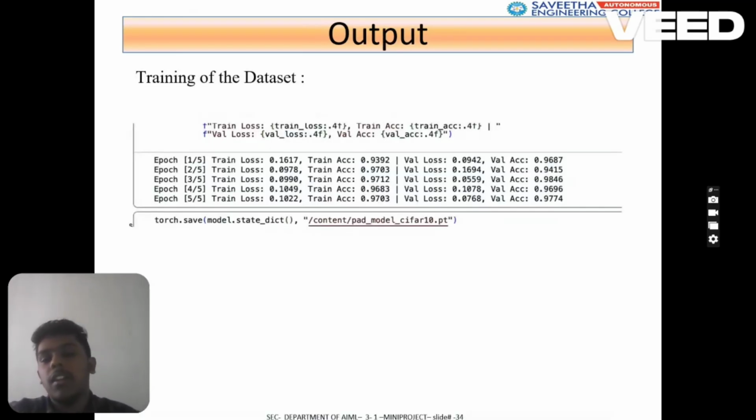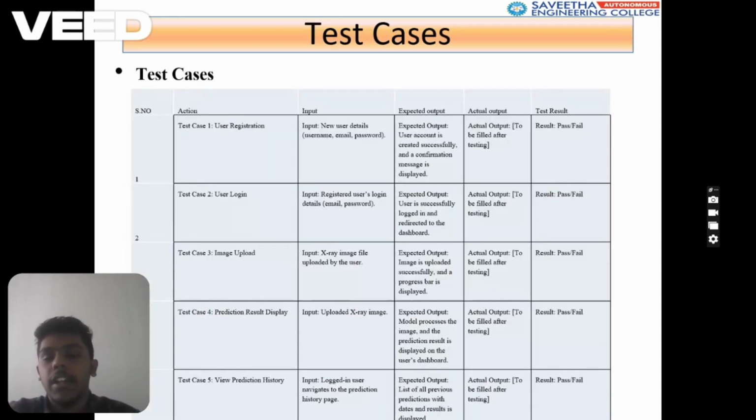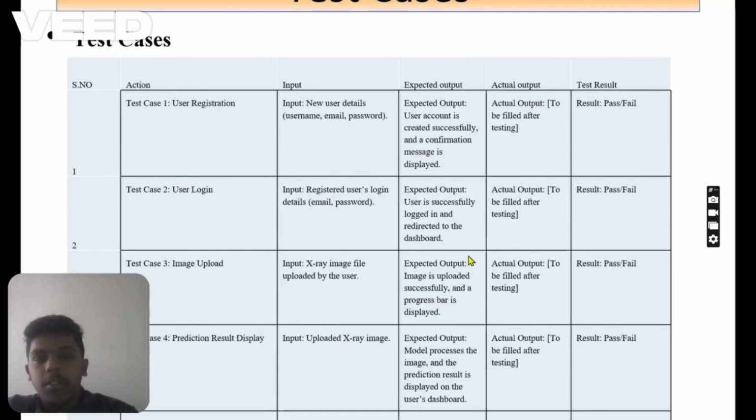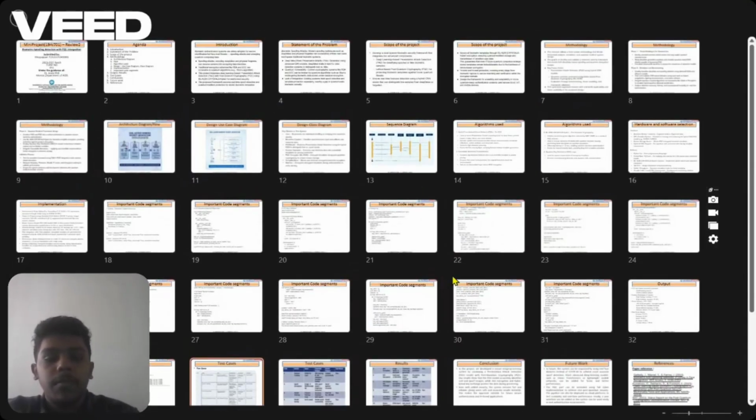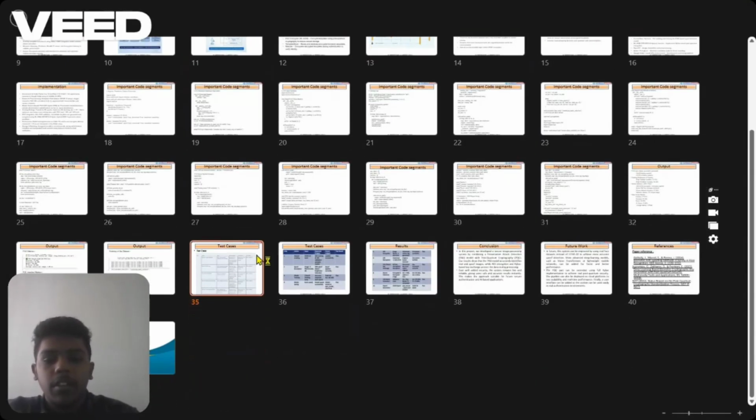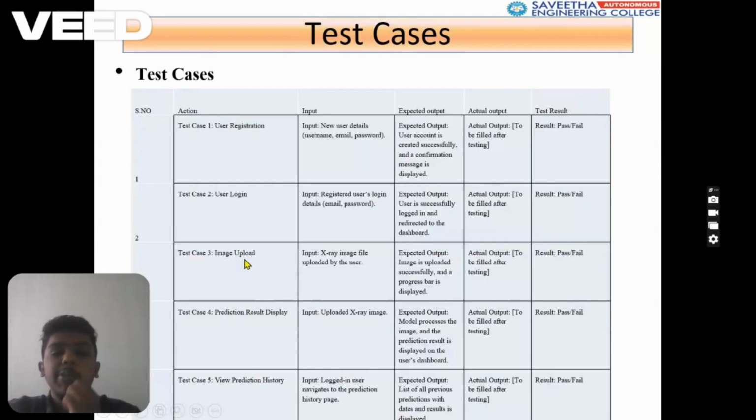So this was our actual output on the training dataset. If it is a registration for the user, then it will ask for the user's registration number and password, and if it passes after analyzing from the template, then it will give access.